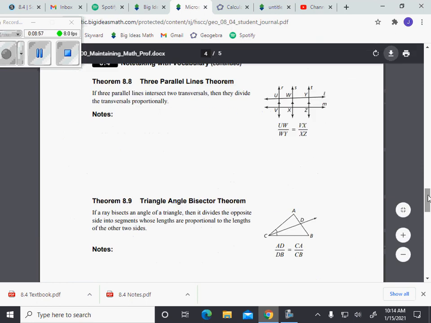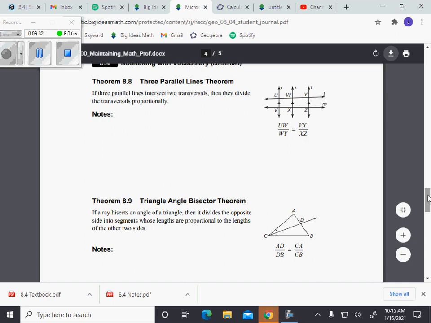Three parallel lines theorem. If three parallel lines intersect two transversals, then they divide the transversals proportionally. So if we have two transversals, UW over WY is equal to VX over XZ, and they're proportional.